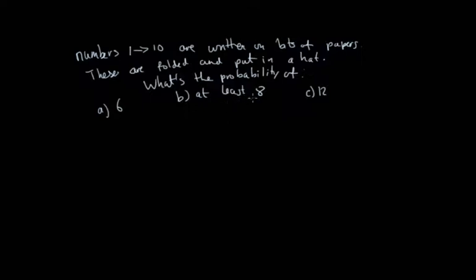So at least 8 means a number of 8 or above. So what's the probability of 6? The probability is going to be the number of favourable outcomes divided by the number of possible outcomes.